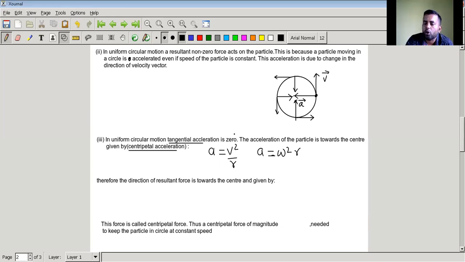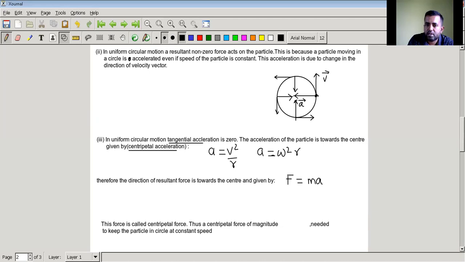Now we all know from Newton's second law that the net force on a particle is given by, let me just write F for the net force, mass times acceleration.